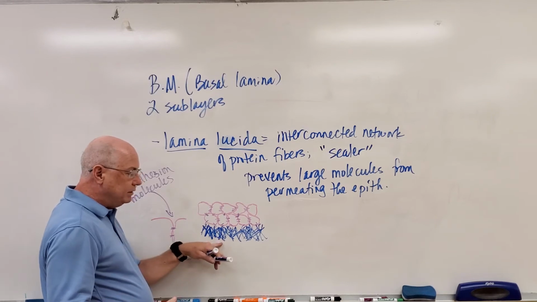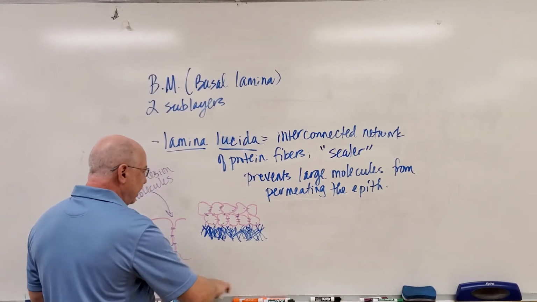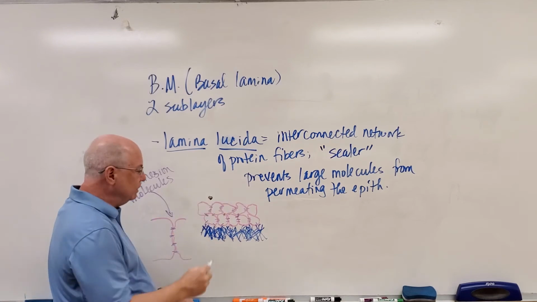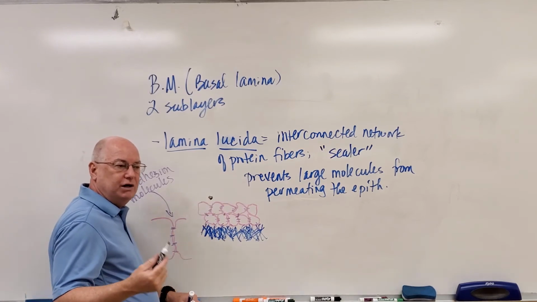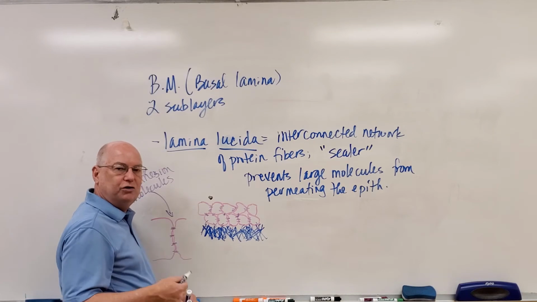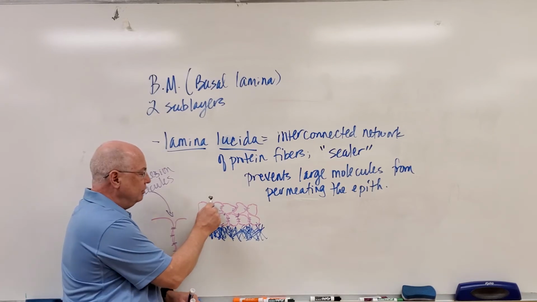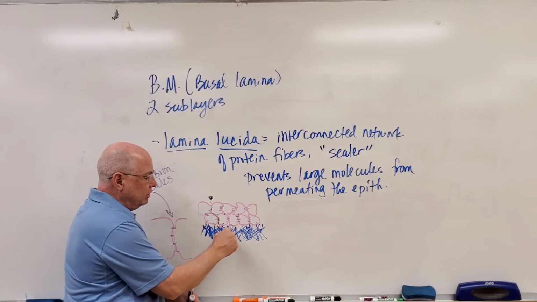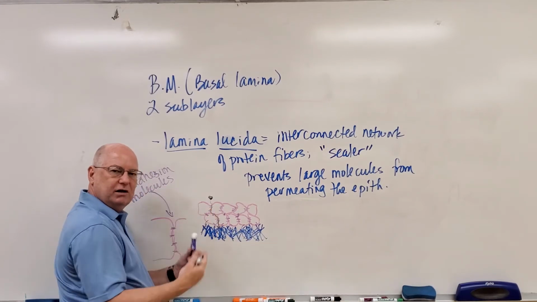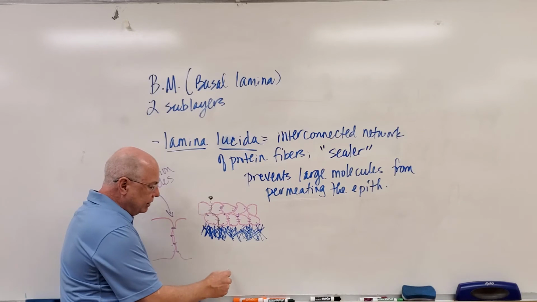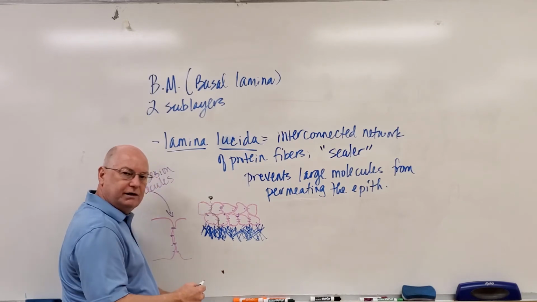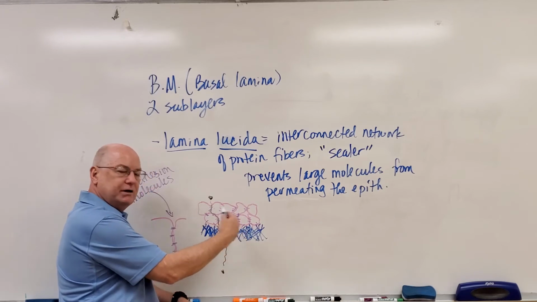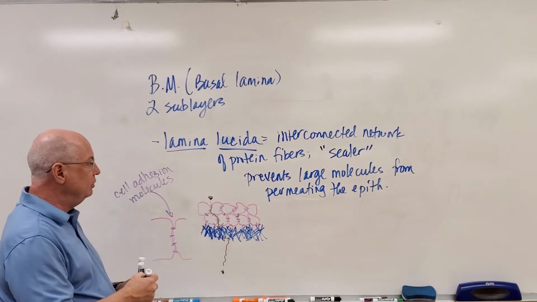But really, one of the functions of this is, if I have some substance, a bacterium or virus, or even if you're just soaking in a tub filled with salts or sugars, some of those molecules are going to try to diffuse down inside of here, and they will get trapped in this network. It's almost like a little filter. And if there's another large molecule, like a protein, that's trying to diffuse out of the body, it gets trapped and cannot penetrate that lamina lucida.